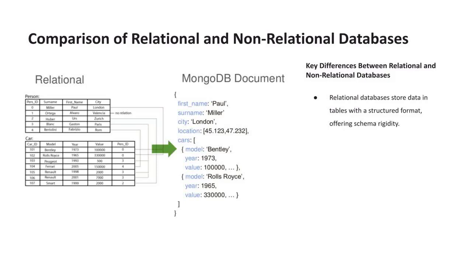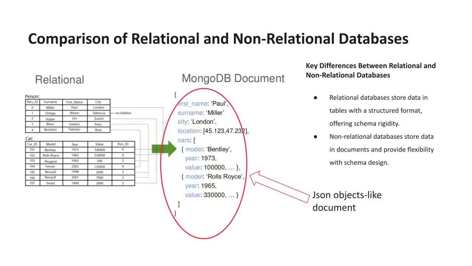Let us compare relational and non-relational databases. Relational databases, like MySQL or PostgreSQL, are like meticulously organized filing cabinets. They store data in tables, with each row representing a record, and each column a specific attribute. This works incredibly well for structured data with well-defined relationships, like customer information or financial transactions.